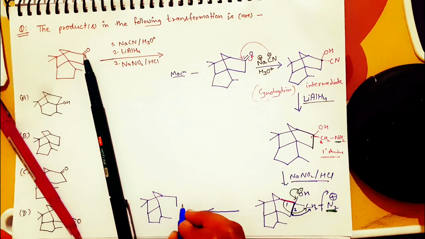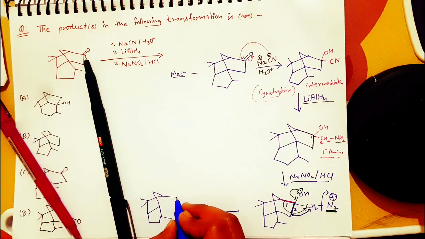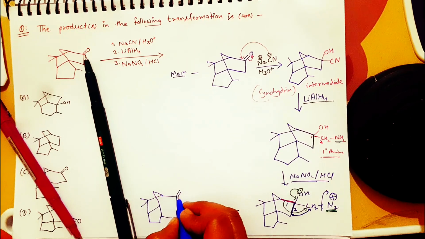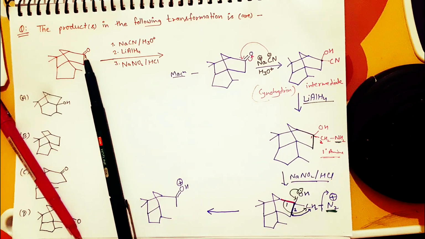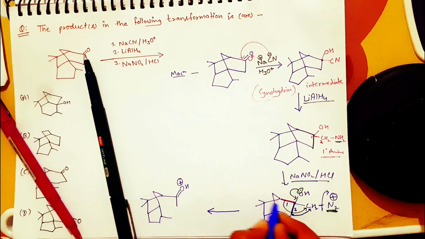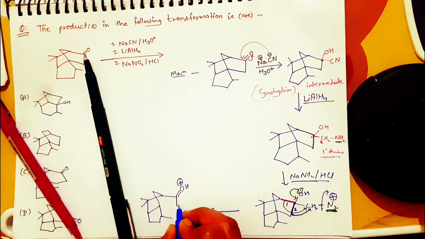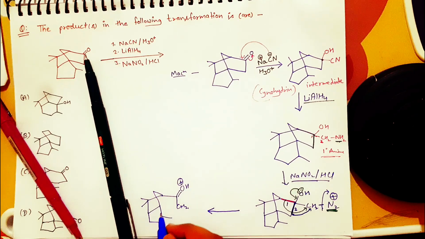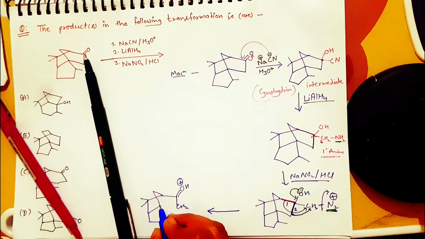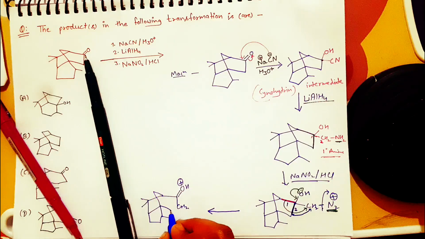After the migration, this is our alcohol group, and this is our carbon CH2, and this is our group.